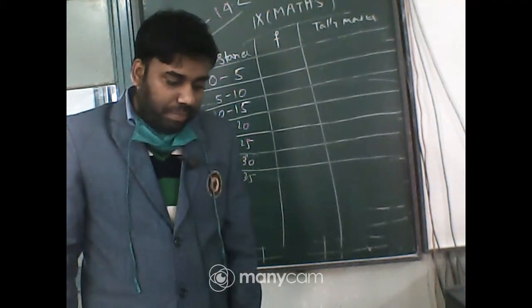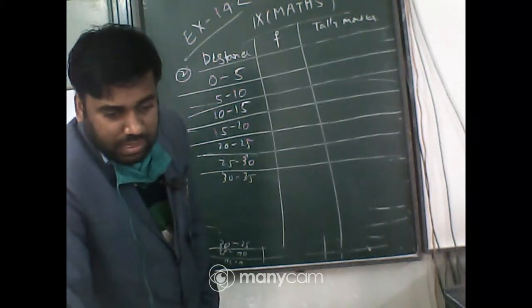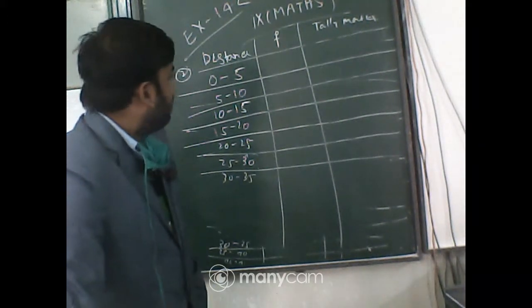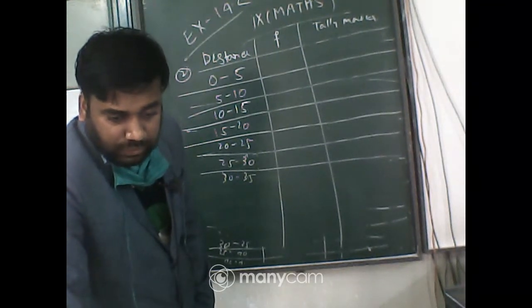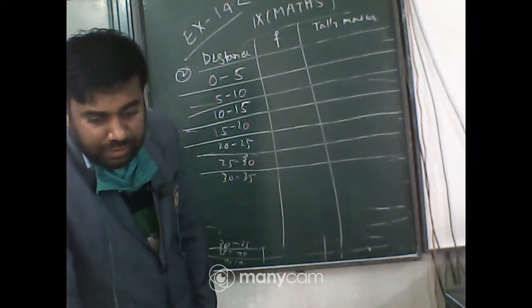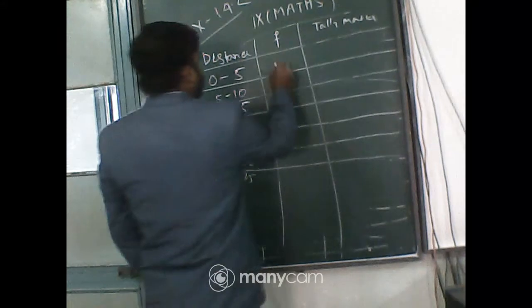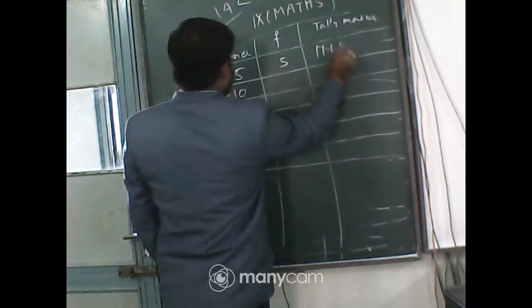Between 0 to 5, how many of them live within 5 kilometers of their work? Okay, so 5 engineers, and the tally marks are 1, 2, 3, 4 and 5.